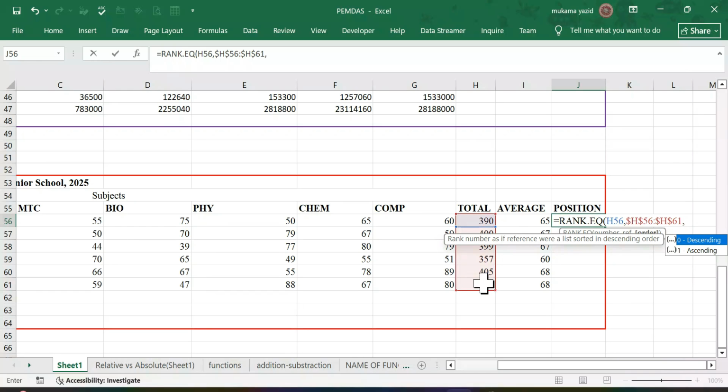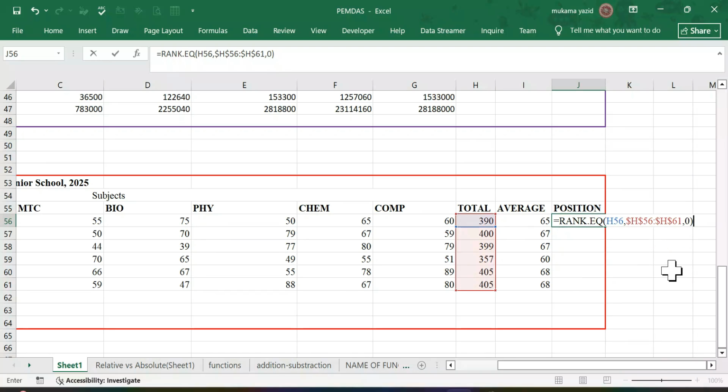From there, what else? Press F4 to lock that full column. Then they ask us to choose whether you want descending or ascending, that is the order. I will go with 0, then I close my bracket.